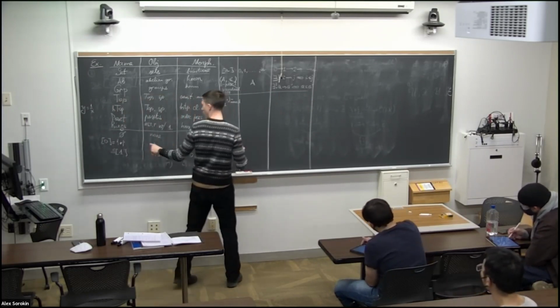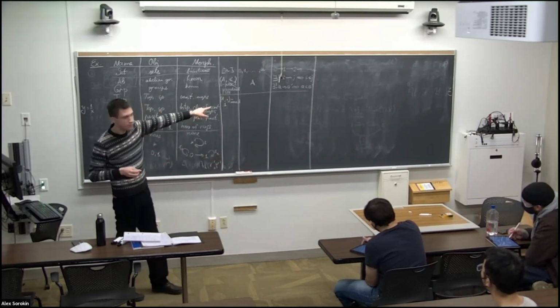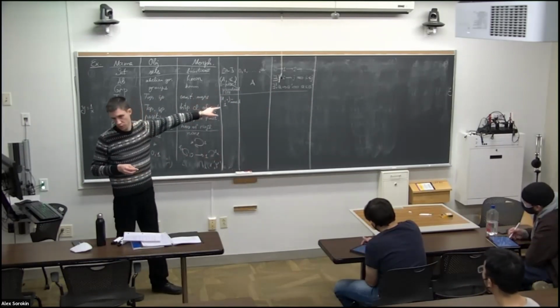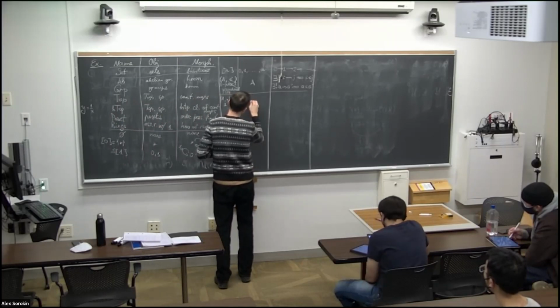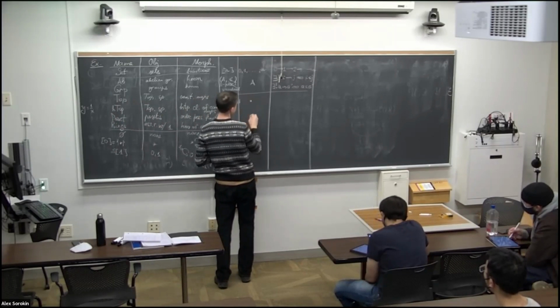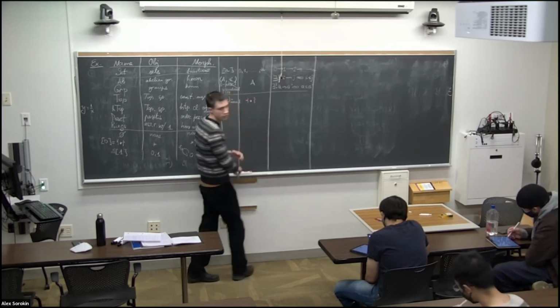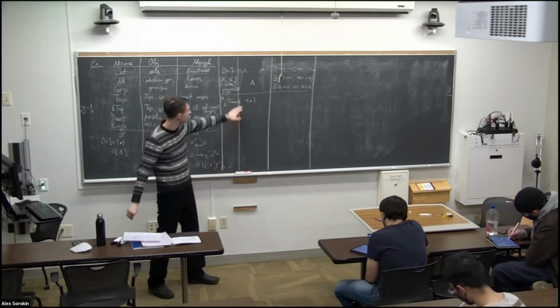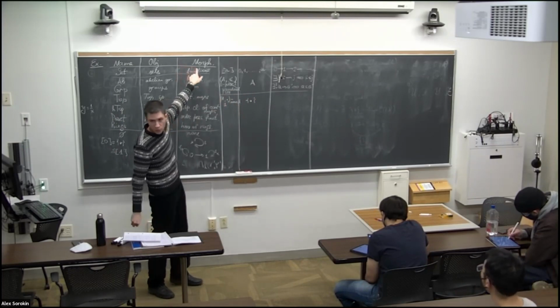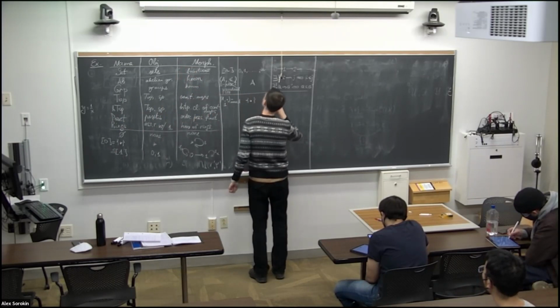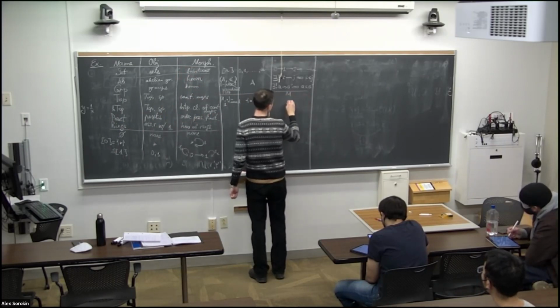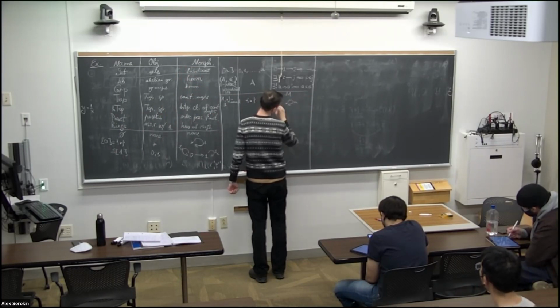The category associated to the monoid will have only one element, a singleton. And on this singleton, we define morphisms to be precisely the elements of the monoid.